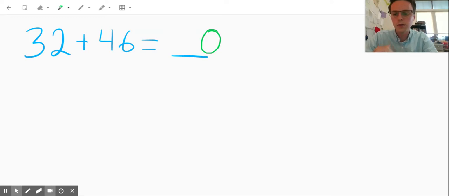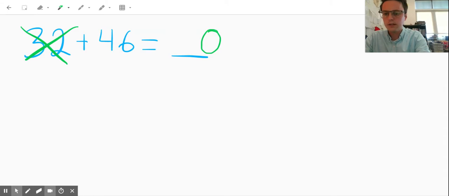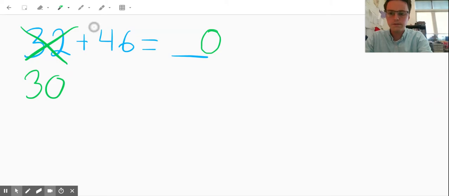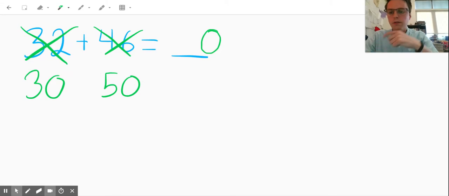I see 32 here is closest to 30, and 46 is closer to 50 than to 40. So 30 plus 50, 80. So 30 plus 50 is 80. So my estimate for 32 plus 46 is 80.